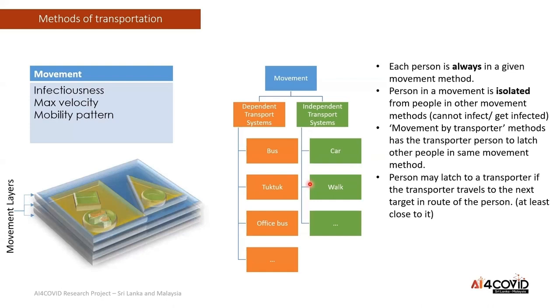So we can vary these parameters and see how the disease spreads when we run the simulation. Also, I need to note that these different transport systems are independent of each other. For example, if someone is using a car, that car cannot infect or come into contact with someone who is using a bus, because they are in two different vehicles. So when they are moving around, they are more or less isolated from each other.